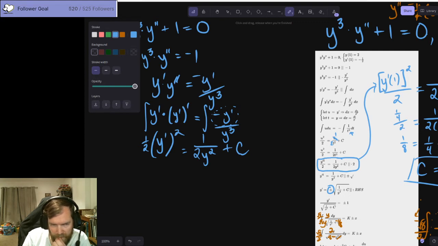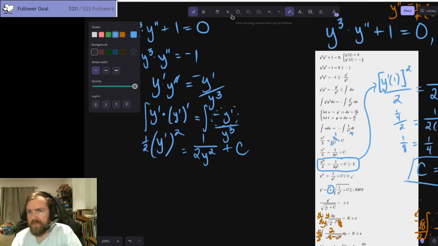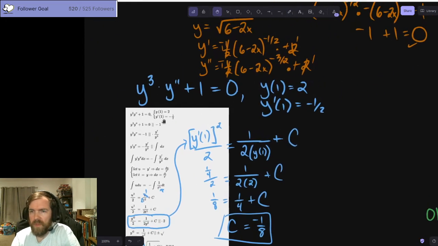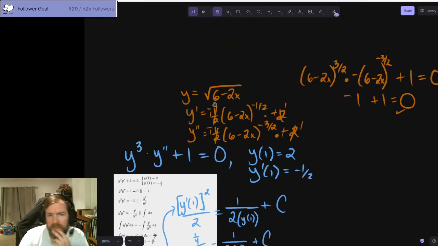Yeah. It's like I'm not sure how we would go and get that particular solution. Just the square root of 6 minus 2x.